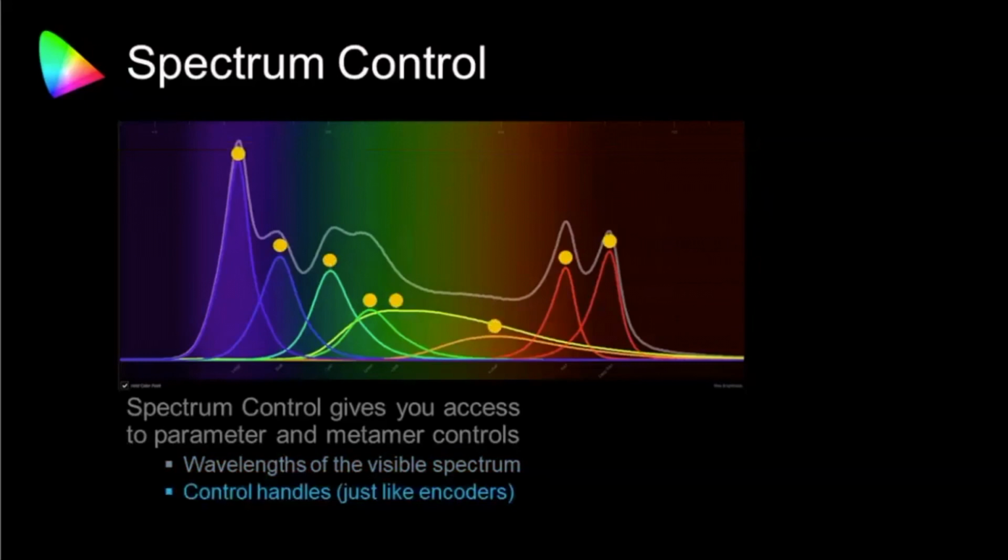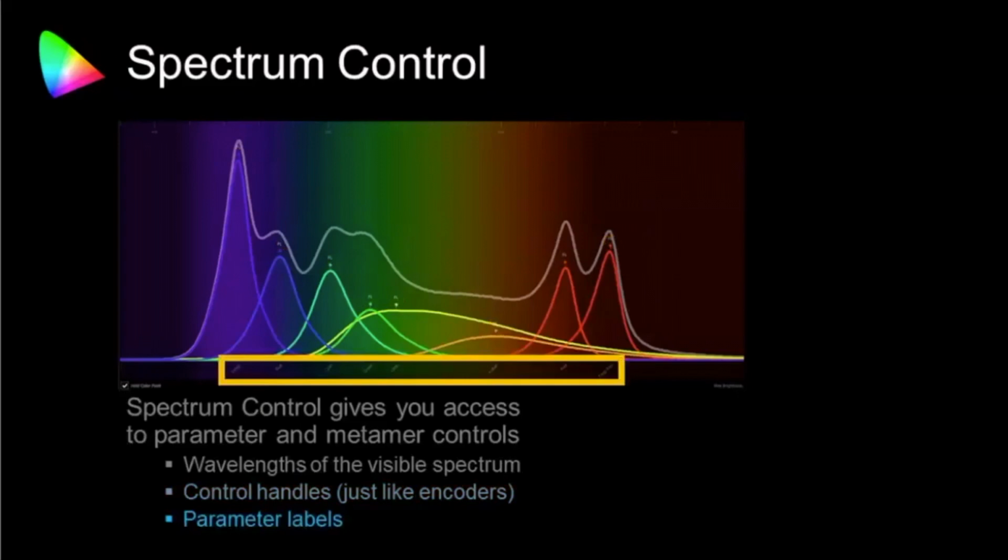So if I take my red and I move it down, I am doing exactly the same thing as if I were to take red on my encoder and roll it down, right? So these are direct parameter controls, which is great because then you can adjust individual parameters and with some of the other tools still deal with some of the XYZ color tools. Below, you'll see that we label what parameters what so that you can see what you're controlling.